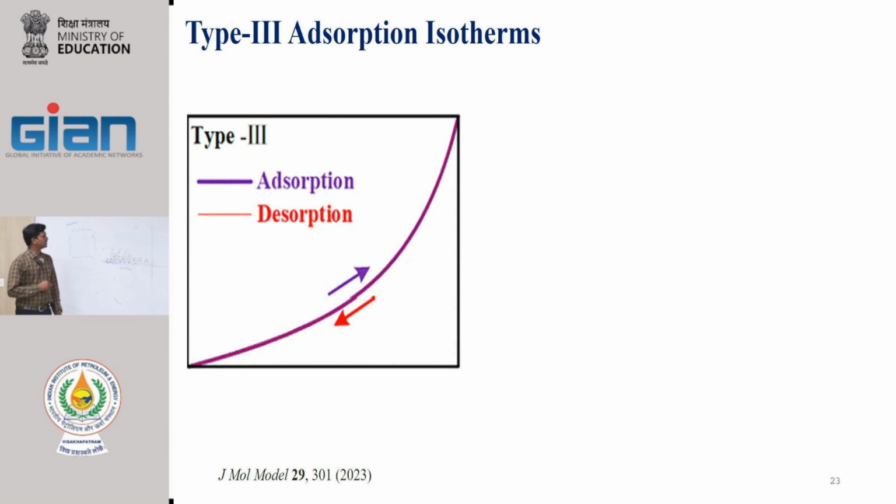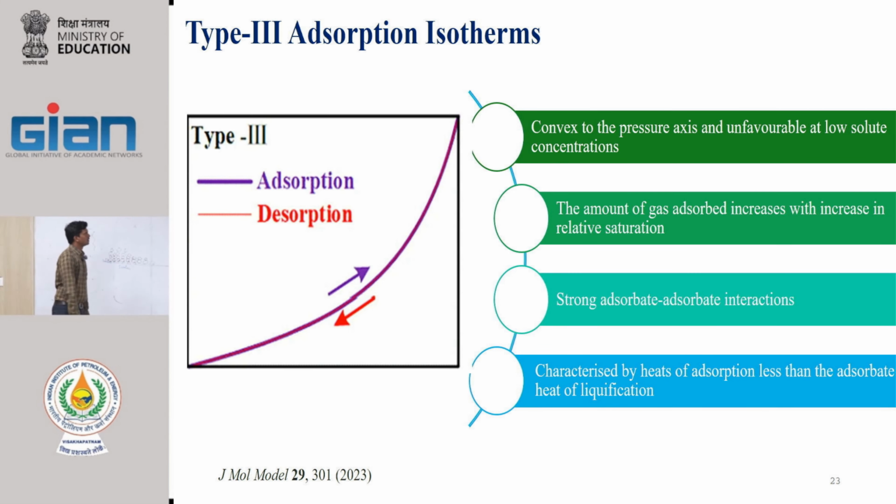Okay, let's go to type 3. What does type 3 say? Again the same: adsorption and desorption follow the same path. The shape is convex to the pressure axis. This happens when the gas molecules interact strongly with other gas molecules rather than the solid surface.